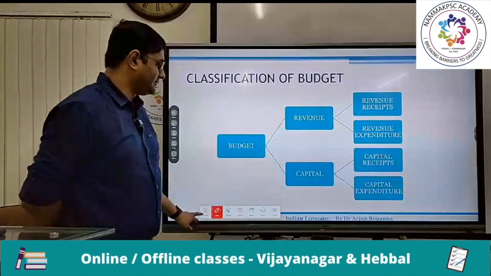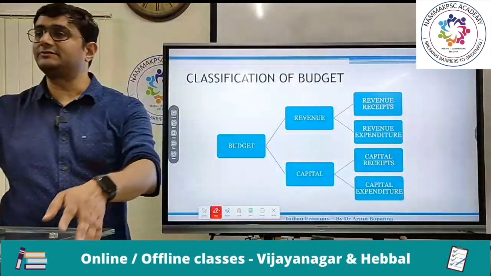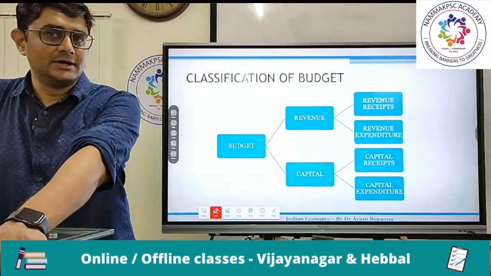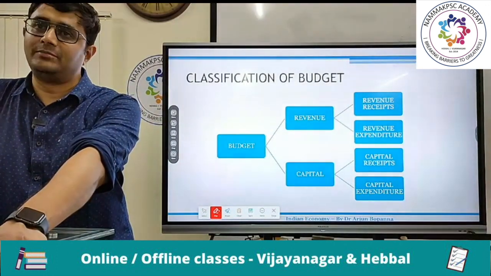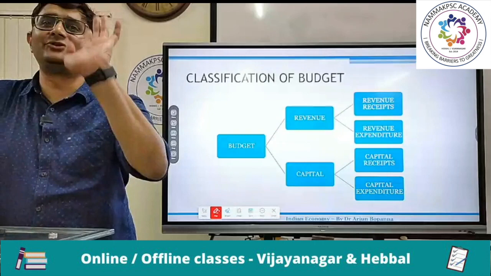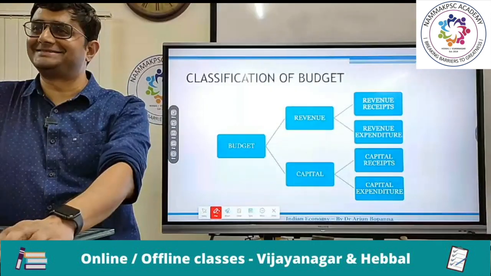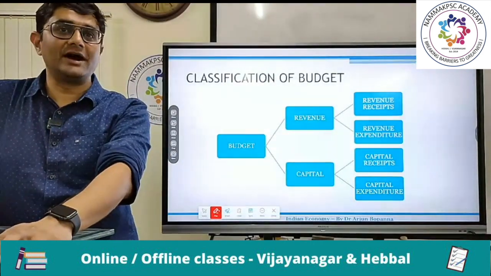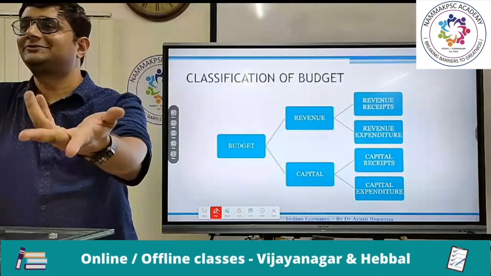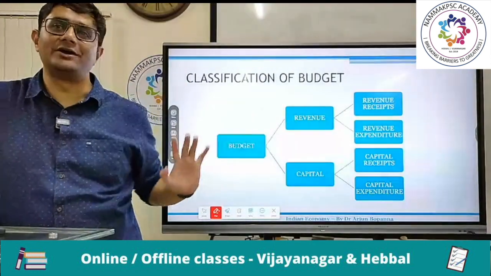Revenue expenditure: those expenditures which neither create any asset nor reduce any liability. Basically, these are wasteful but necessary expenditures. For running the government you need them, but once spent, it is gone.